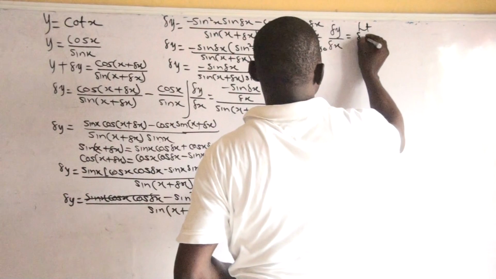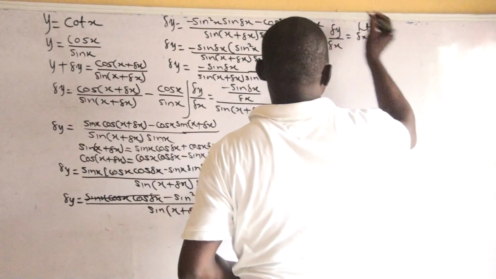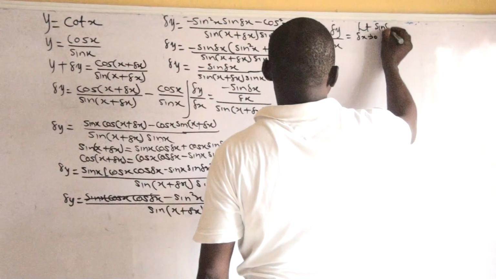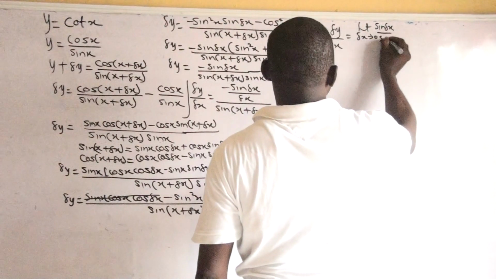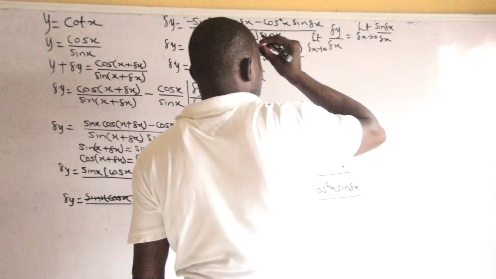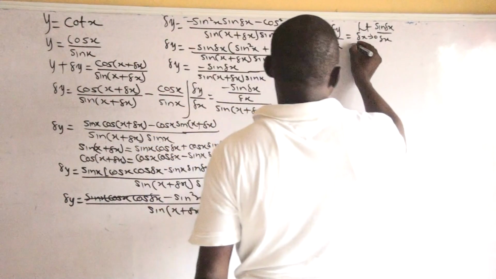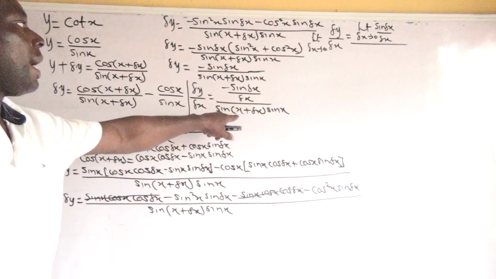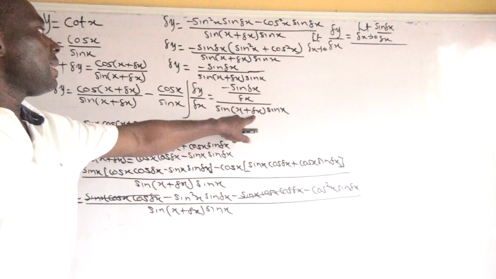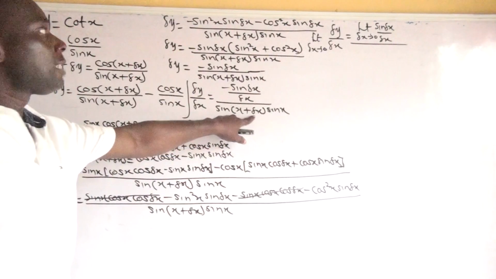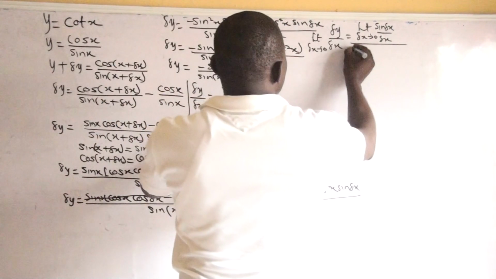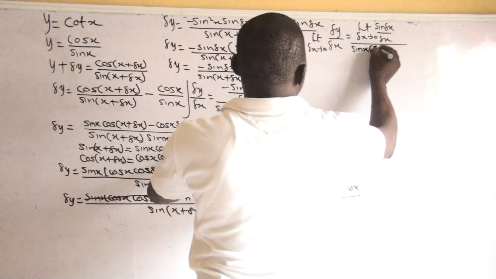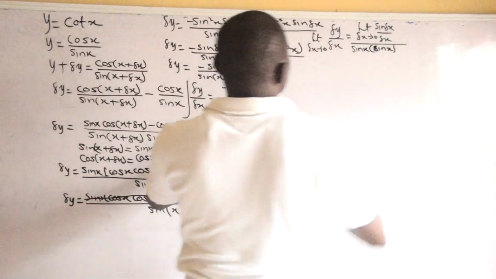Here, if we apply this limit on the numerator as delta x tends to 0 of sin delta x over delta x, we look at the denominator here. When delta x is 0, this place becomes sin x times sin x.